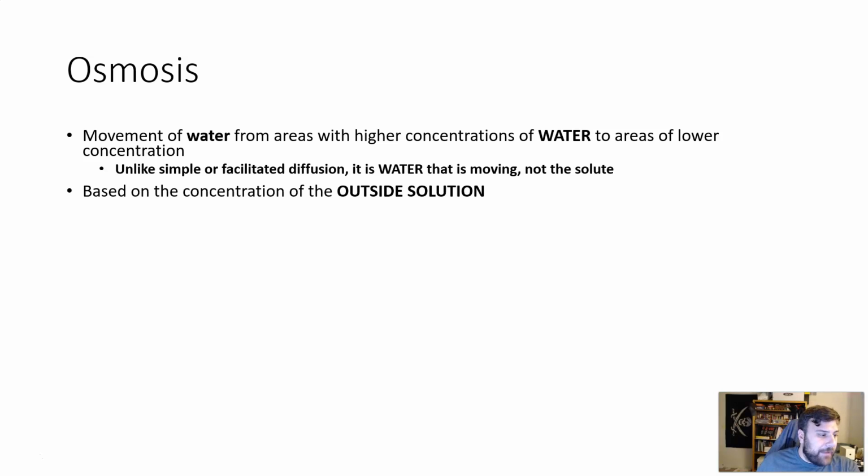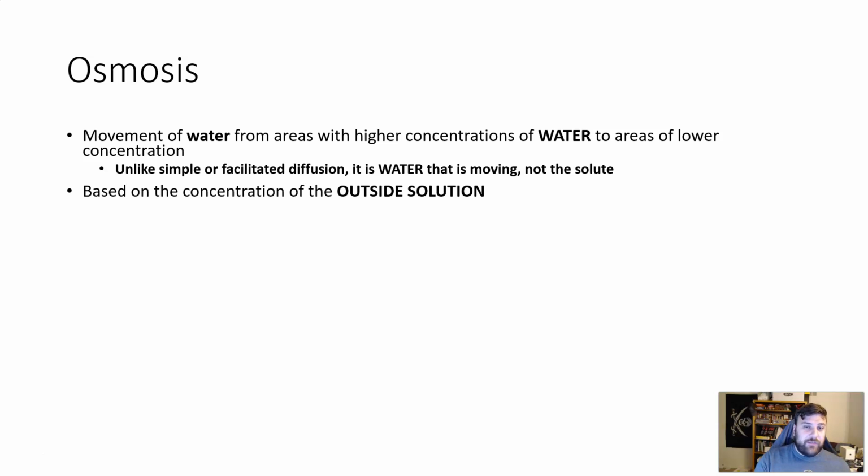And we tend to base this from the concentration of the solution outside of the cell. Because if you remember the ideas of homeostasis, the cells themselves aren't going to be changing that much. They're going to want to stay relatively stable. And that means the amount of salt, the amount of sugar, and whatnot inside of them. So their mixes are going to be relatively stable.